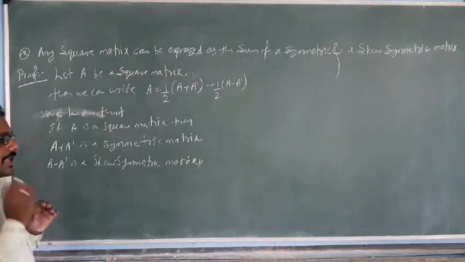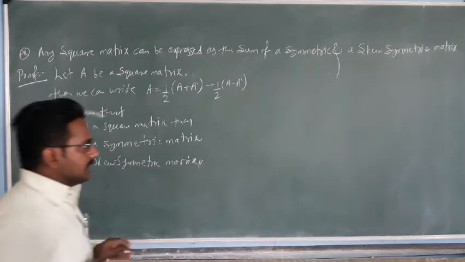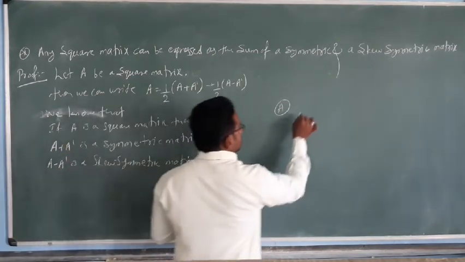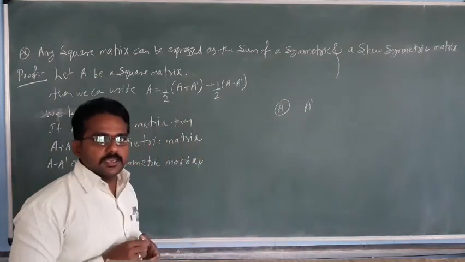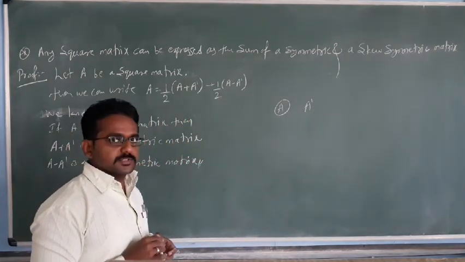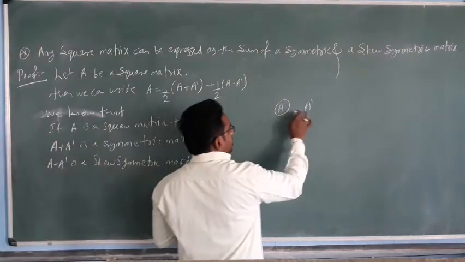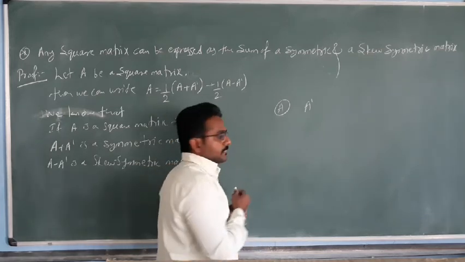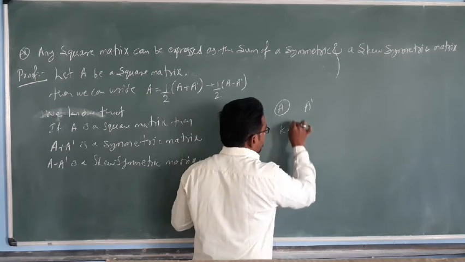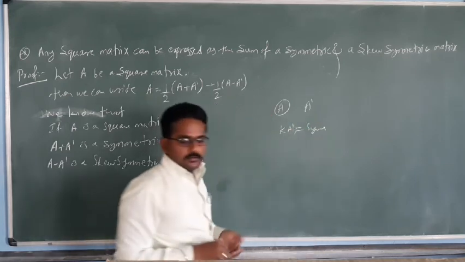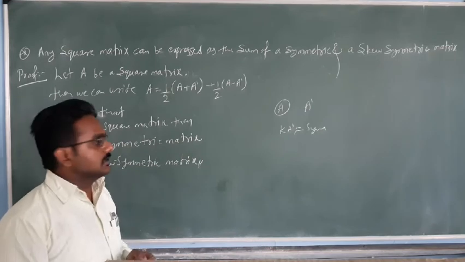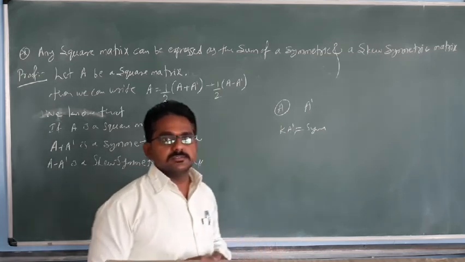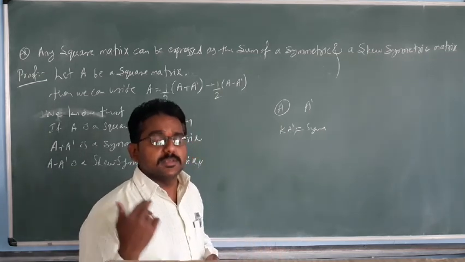Okay. And we know another property of the transpose of a matrix. If A is a symmetric matrix or a skew symmetric matrix, then K into A is also a symmetric or skew symmetric matrix.